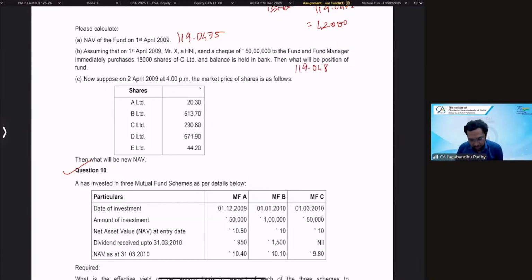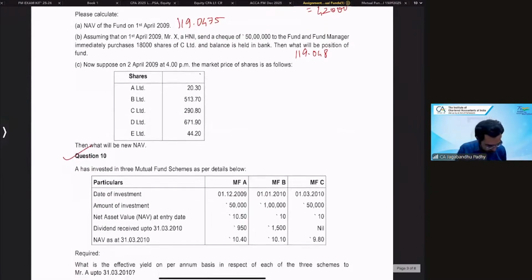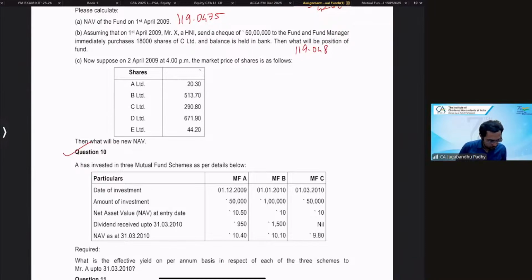So part C, the new number of shares needs to be accounted for, and the new prices along with the revised cash position. 122.075.